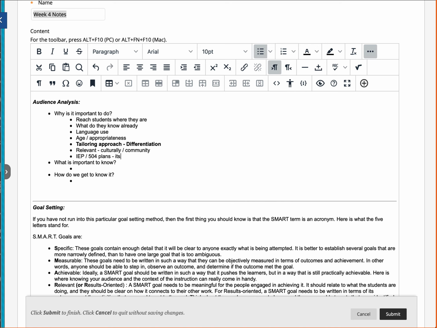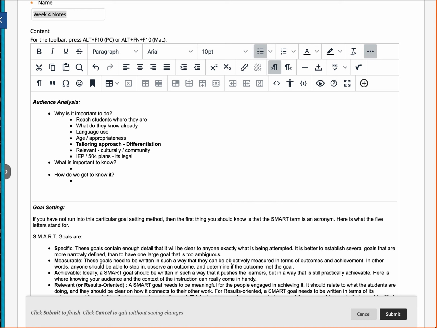Yeah, and the other piece of that, in terms of why it's important to know the student's IEP or 504, is we are legally responsible for conforming to those plans. We don't have the option as a teacher of saying, okay, I know this student has a 504 plan or an IEP, but I'm just going to teach the way I'm going to teach.